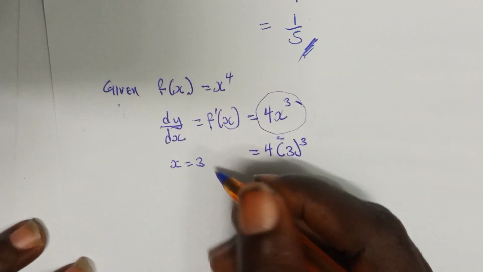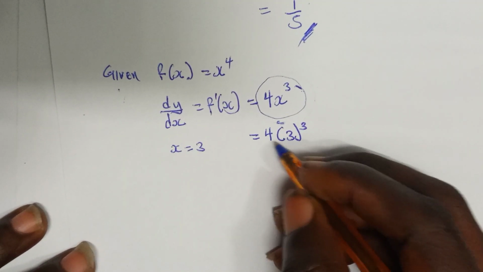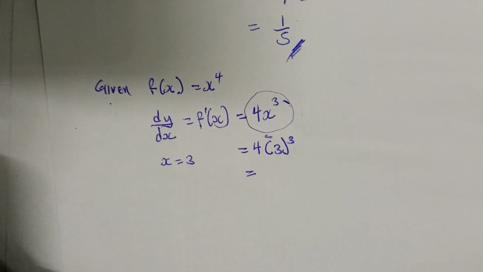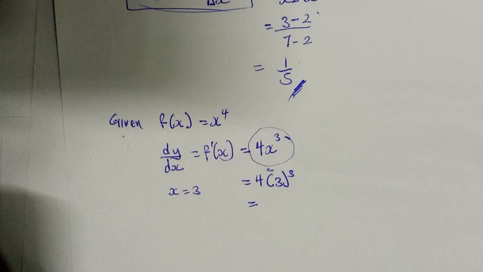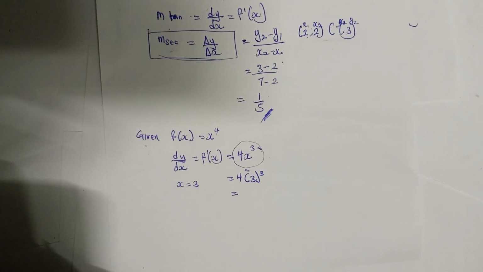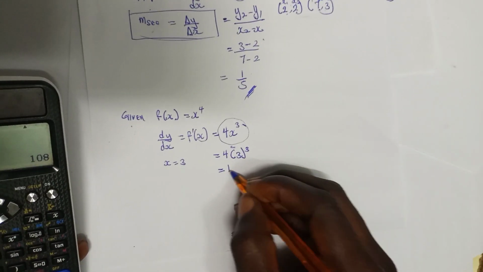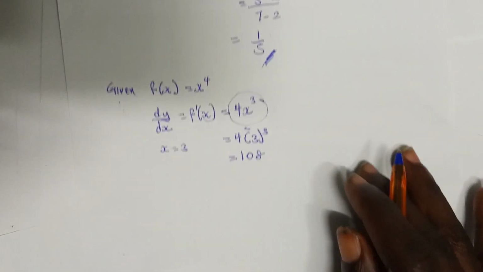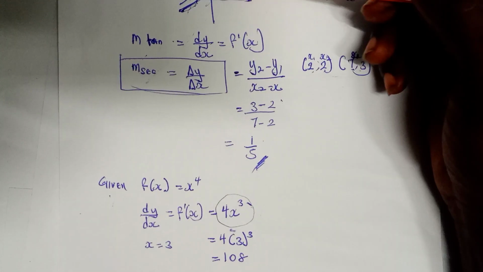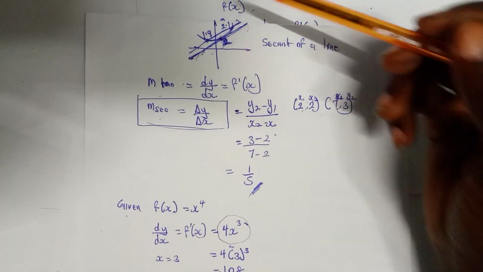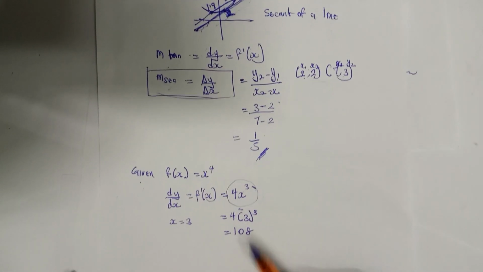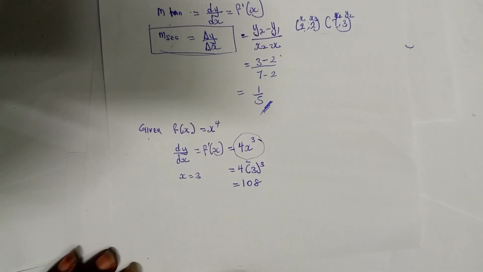Sorry, yeah. So we are going to get 4 times 27, so our answer is 108. Okay, so we take the values of x closer to 2, finding the gradient of the secant. Okay, so let's move on.